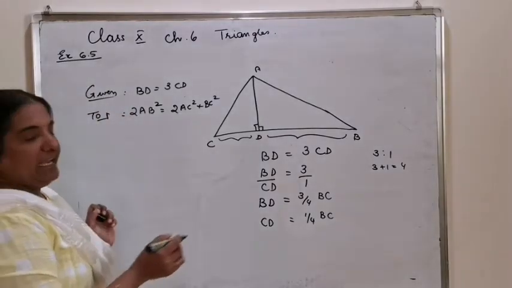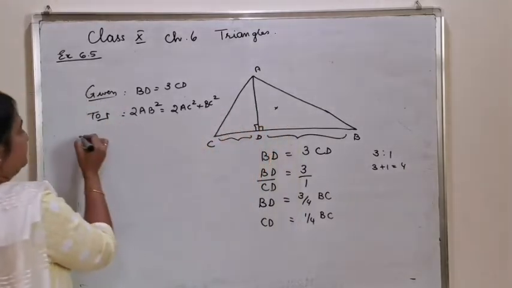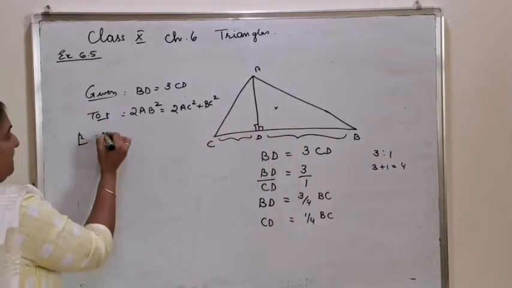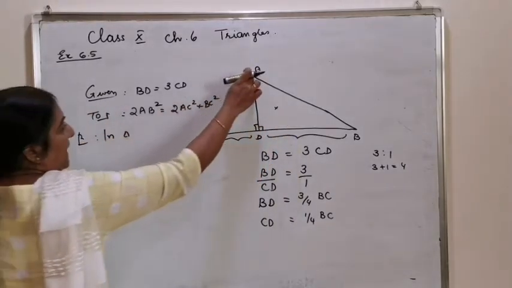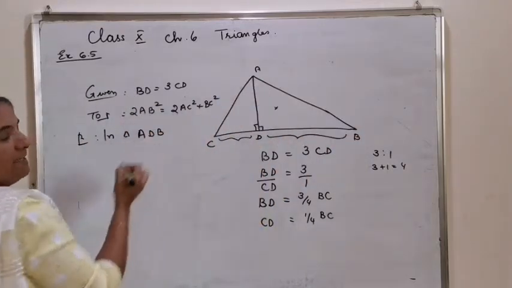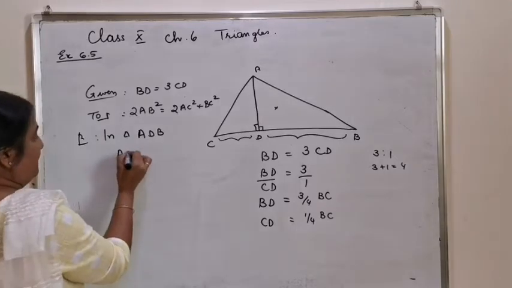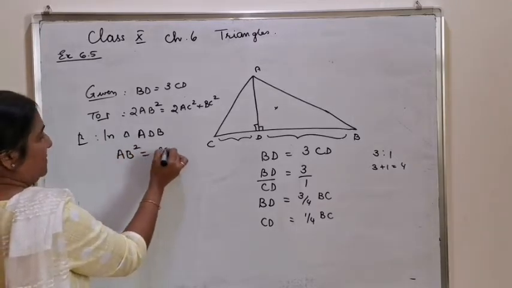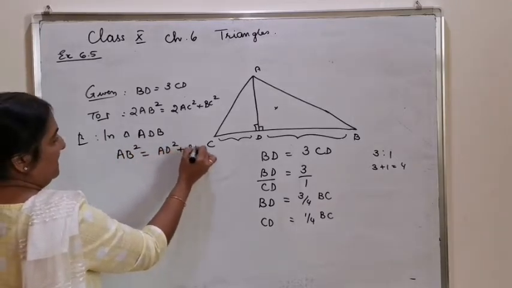You can take any right triangle. The proof starts as, in triangle ADB, the right triangle ADB, by Pythagoras theorem, AB square is equal to AD square plus BD square.